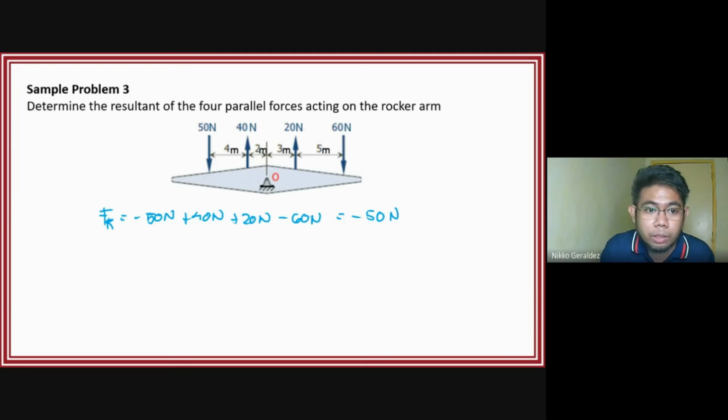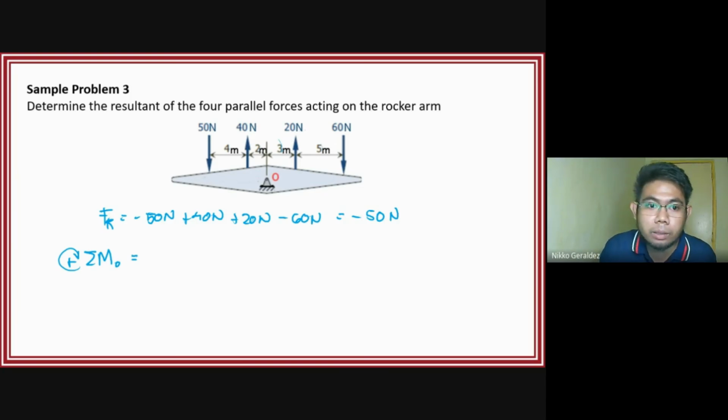No? So, summation of moment at point O, clockwise positive. So, equal to, so negative 20, ano magiging ikot niya at point O? Clockwise, counterclockwise.